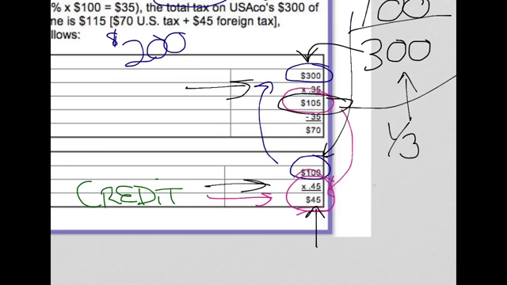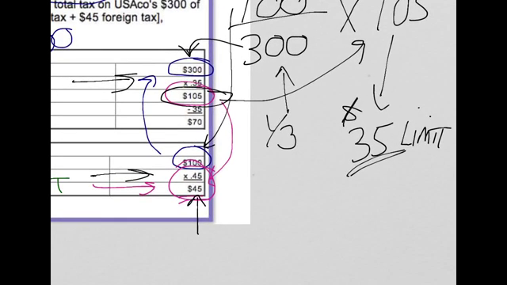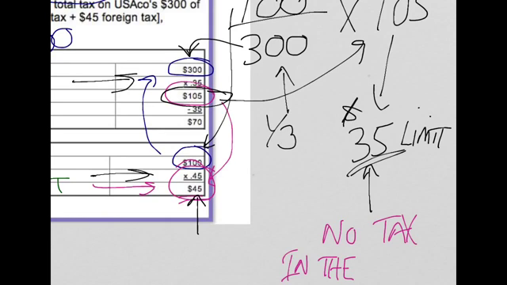Here in the U.S., in this example, with the foreign tax credit being at 35, there essentially is no tax in the U.S. on the foreign income in the example. So we've successfully avoided double taxation, but nevertheless, the tax will be at the highest rate between the two countries.